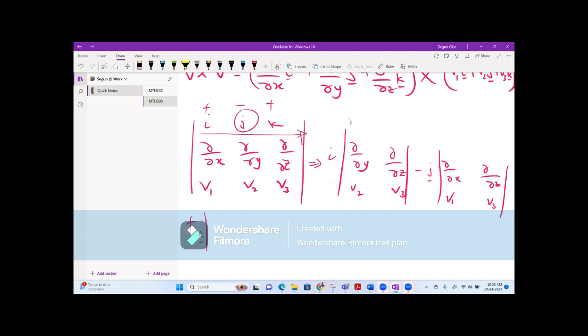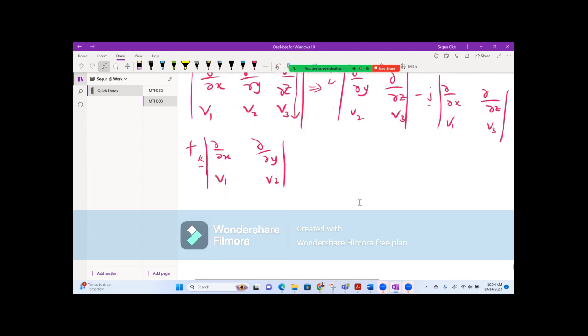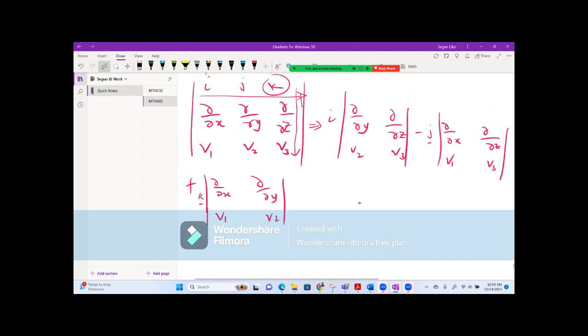I release these and keep this one. It will remain d/dx, v1, d/dy, v2. So we can now cross multiply: this multiplied by this, minus this multiplied by this.